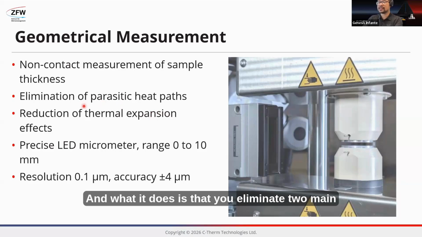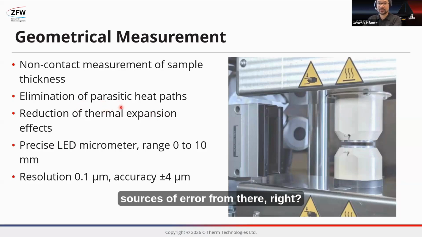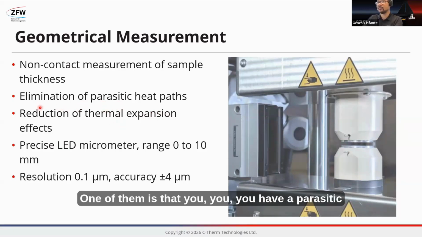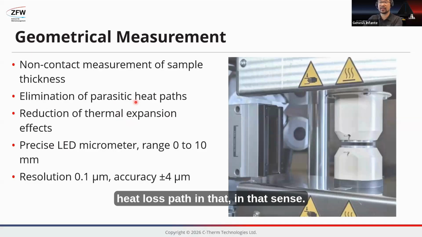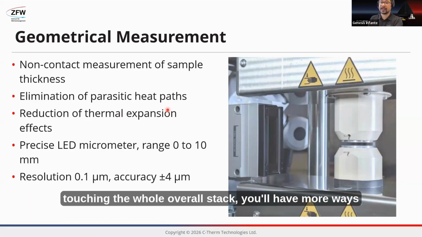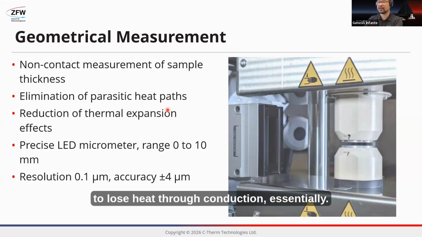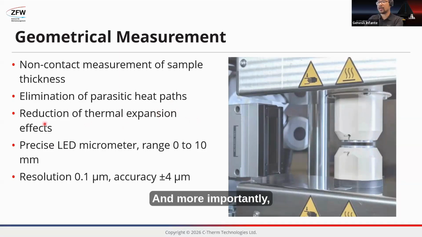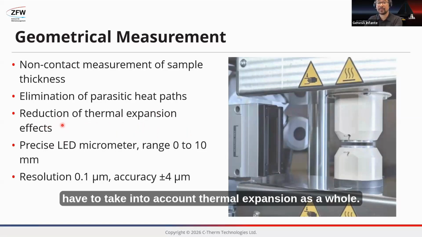And what it does is that you eliminate two main sources of error from there, right? One of them is that you have a parasitic heat loss path. If you have more components touching the overall stack, you'll have more ways to lose heat through conduction, essentially. And more importantly, I think, is that you have to take into account thermal expansion as a whole.